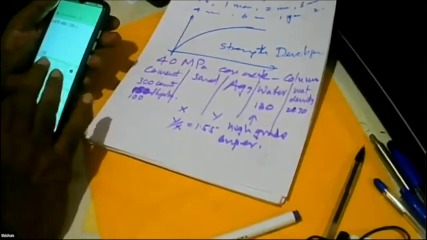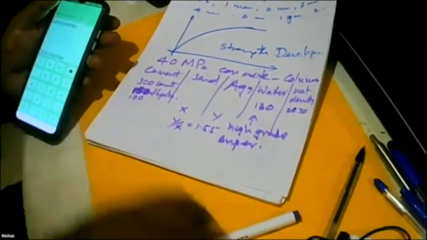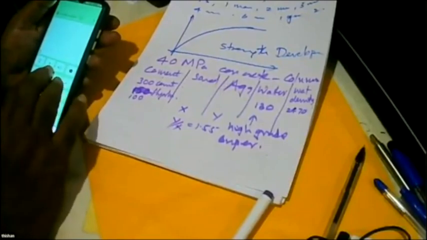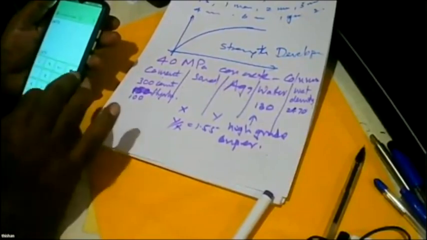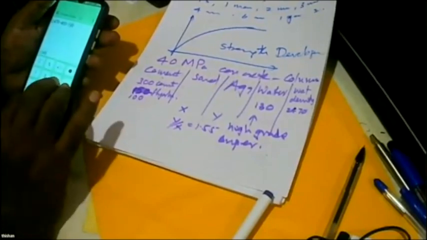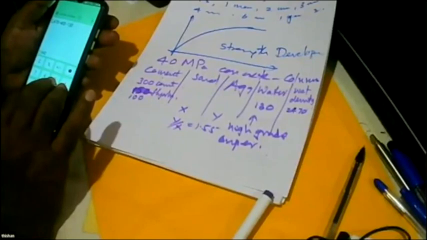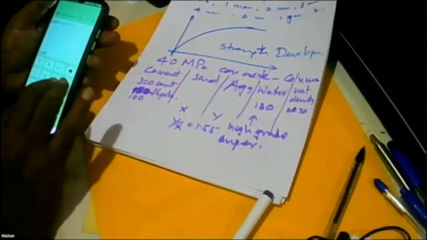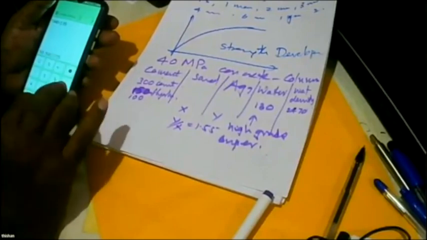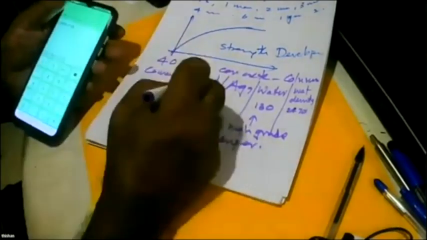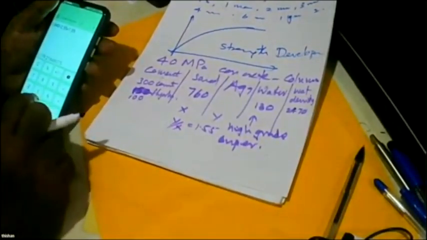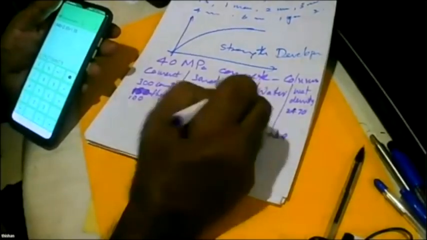So I'll divide this by 2.55. 2470 minus 400 minus 130 is 1940. Divided by 2.5, 760. And multiplied by 1.55, 1180.